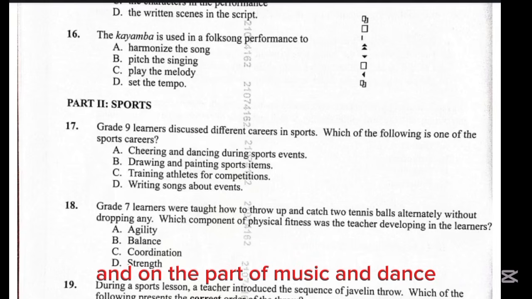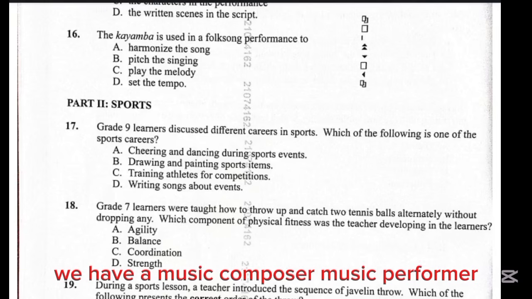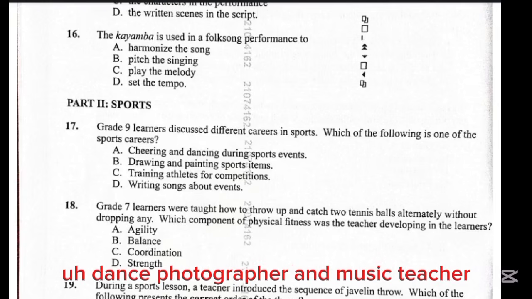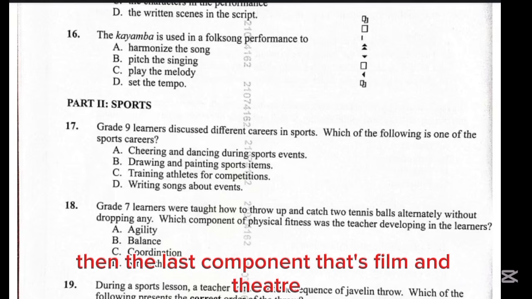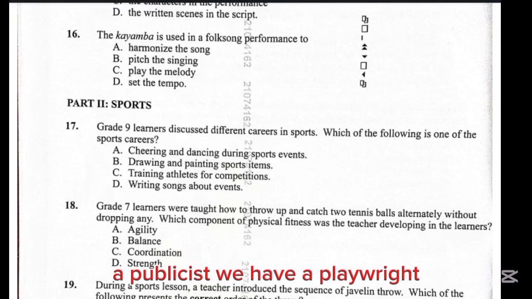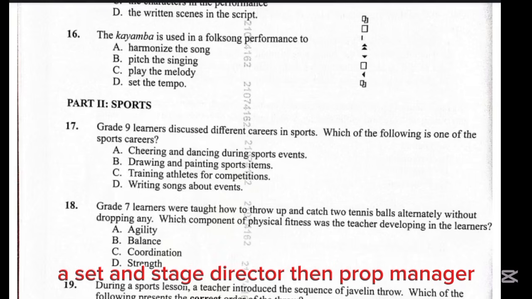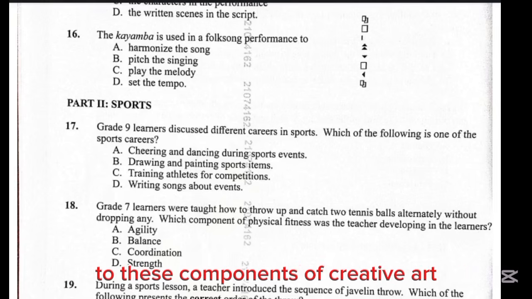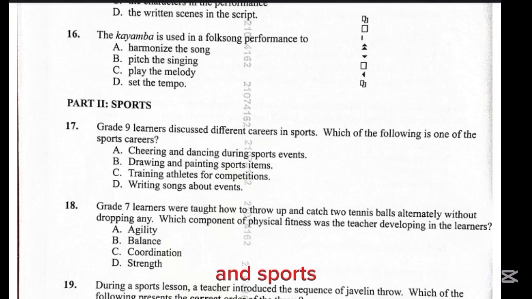On the part of music and dance, we have a music composer, music performer, stage director, choreographer, dance photographer, and music teacher. Then the last component, film and theater: casting director, voice coach, publicist, playwright, set and stage director, and prop manager. These are just a few careers related to these components of creative art and sport.